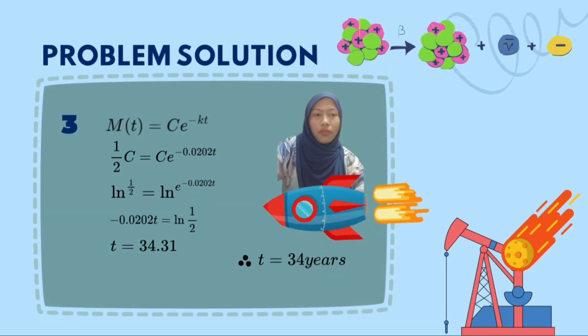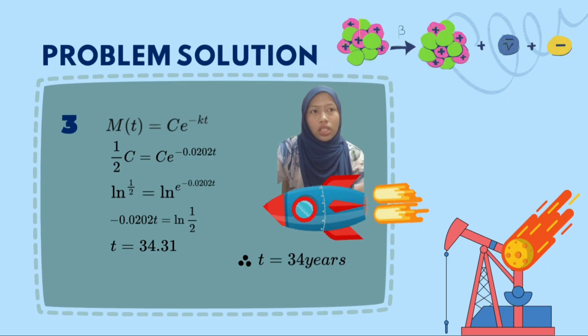And now we have the decay constant. Next, we substitute the value of k back into the formula. So the exponential decay model becomes m(t) equals c e to the power of negative 0.0202t.